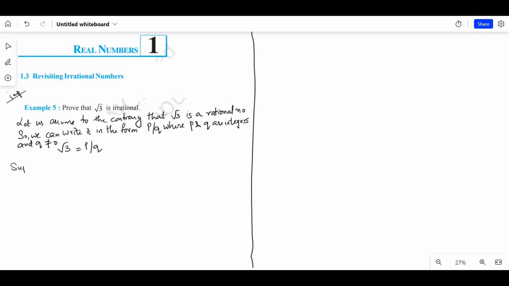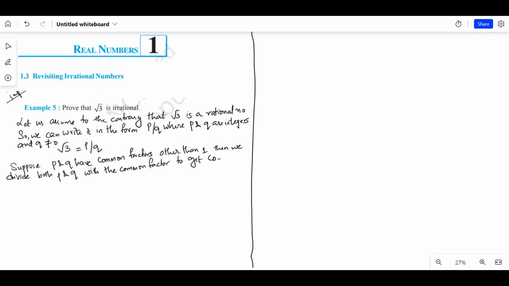Now suppose p and q have common factors other than 1, then we divide both p and q with their common factors to get co-prime integers a and b.